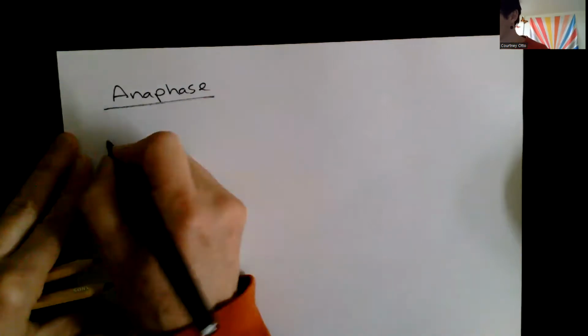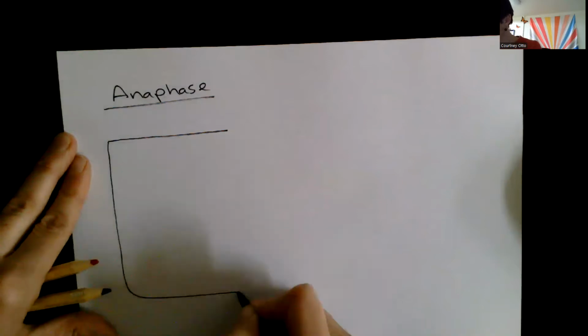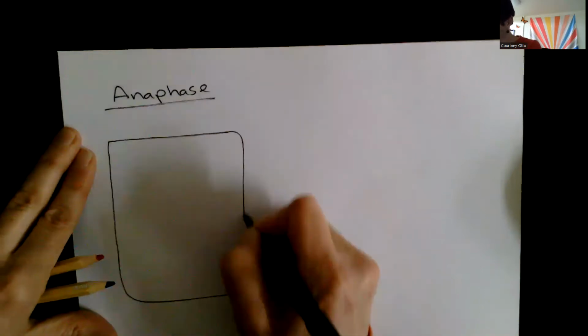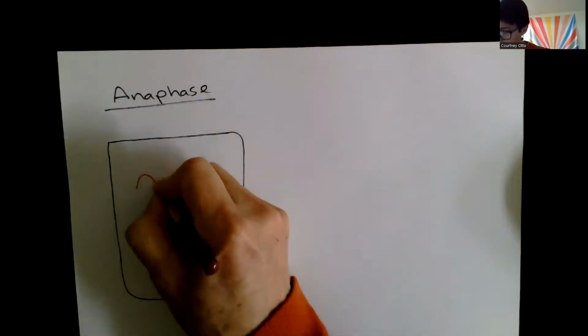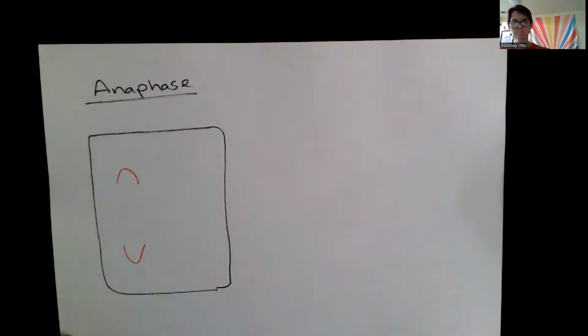In anaphase, our duplicated chromosomes are going to be ripped apart from each other. So I remember anaphase apart. Here's my little box again. Our duplicated chromosomes are going to get ripped in half. One half of my red one is moving to one pole of the cell.